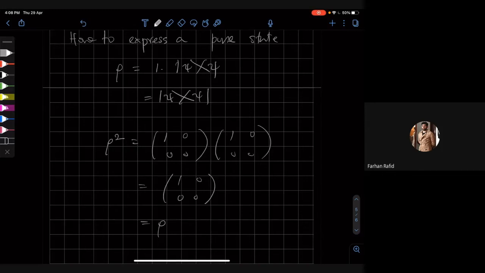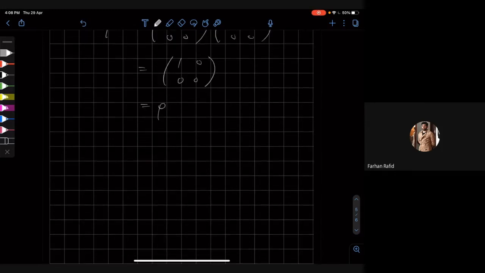Okay, now let's look at a mixed state. Say rho, suppose we have a 50% chance that it'll be spin up and a 50% chance it'll be spin down. Sorry, this should be up.